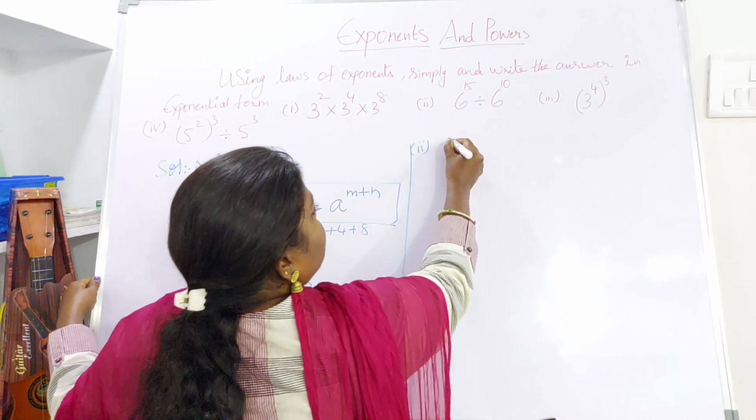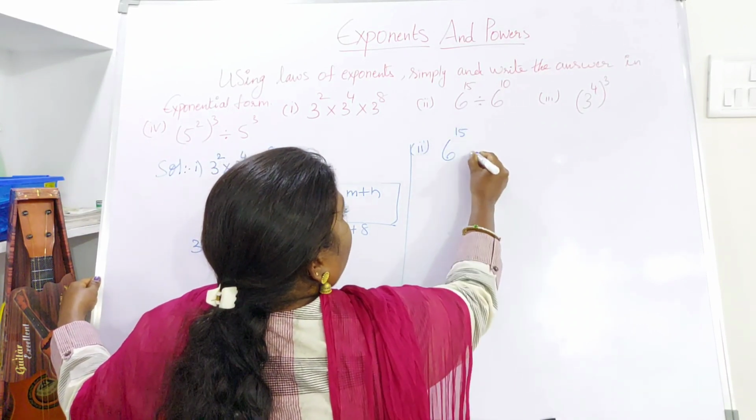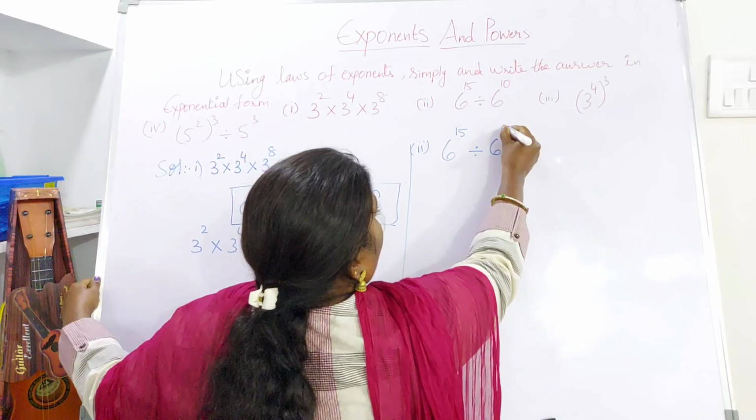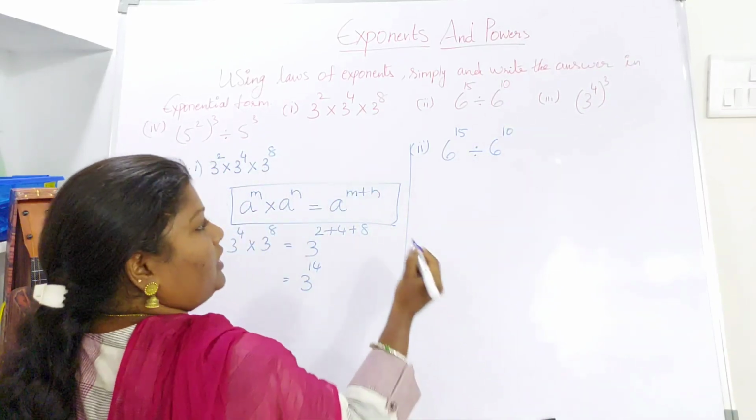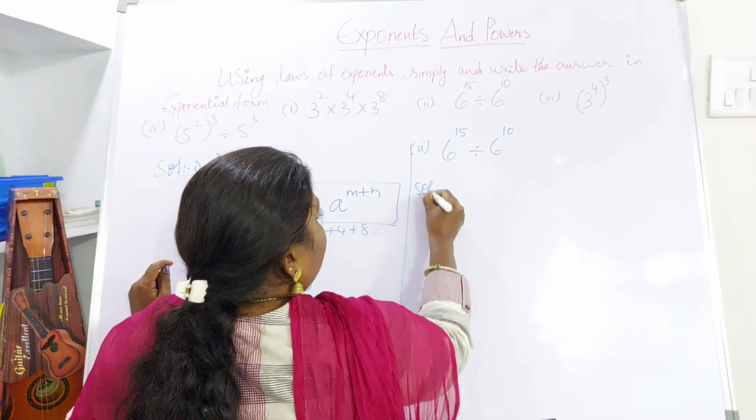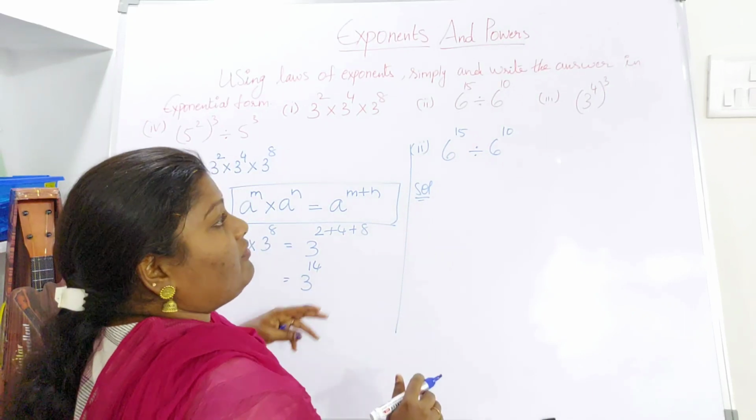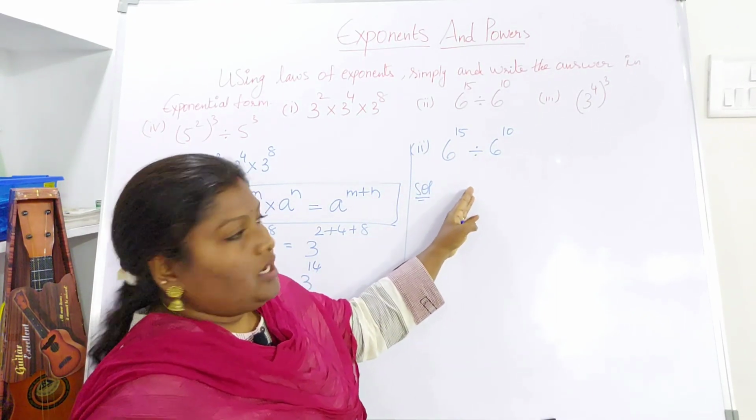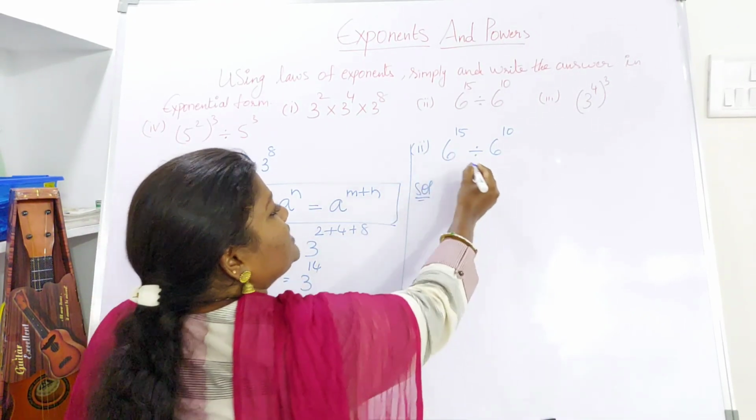Now the next one is 6 to the power of 15 divided by 6 to the power of 10. By seeing the problem you need to decide which formula you are going to use. Here it is division.